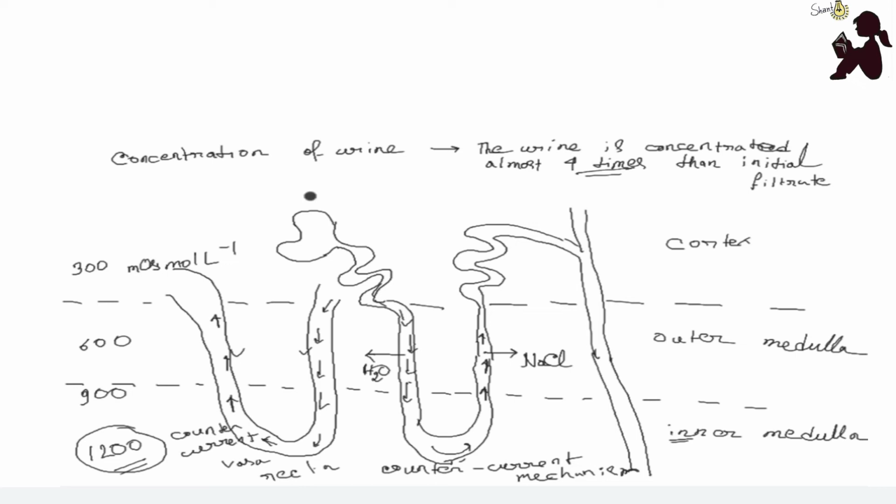Okay, now what happens? This NaCl which is lost by the ascending limb enters the descending limb of the vasa recta.